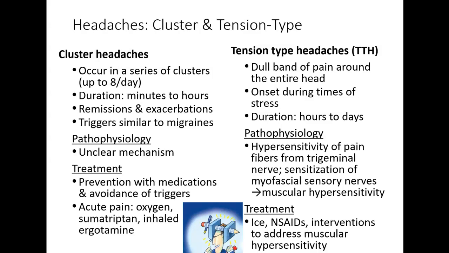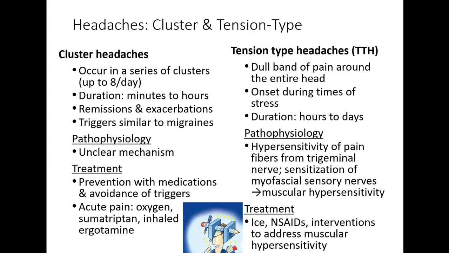The triggers are really similar to migraines. Pathophysiology is unclear, and treatment is prevention with medication and avoidance of triggers. If they're really bad, you can use oxygen, sumatriptan, or inhaled ergotamine. We're going to talk about a couple of those drugs.